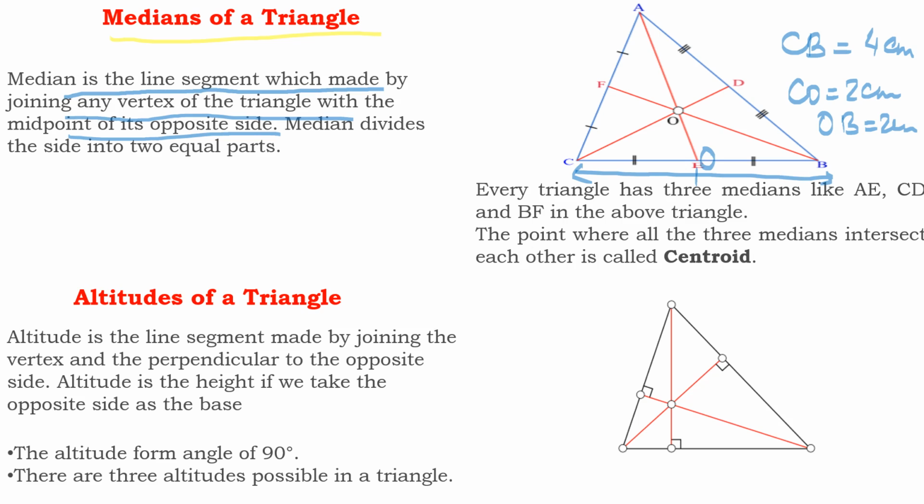That's why they have shown it here: both parts have the same length. Every triangle has 3 medians. And the point where all the 3 medians meet is called the centroid. So actually this point is the centroid of the triangle.